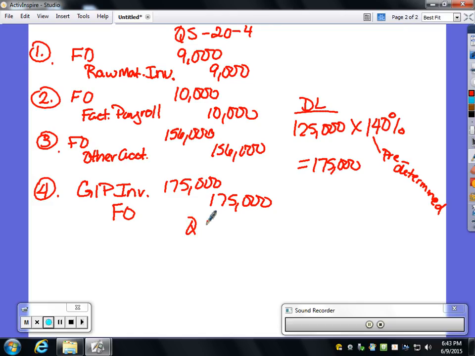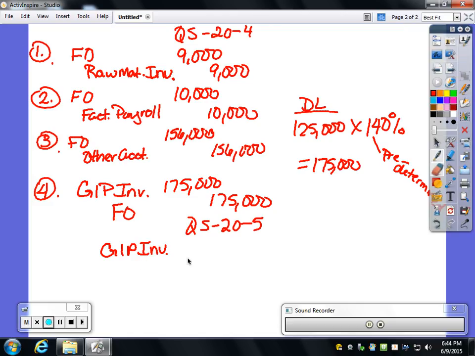What do we debit and what do we credit? Finished goods inventory, debit, and goods in process, credit, because you're taking it out of one and putting it in the other.